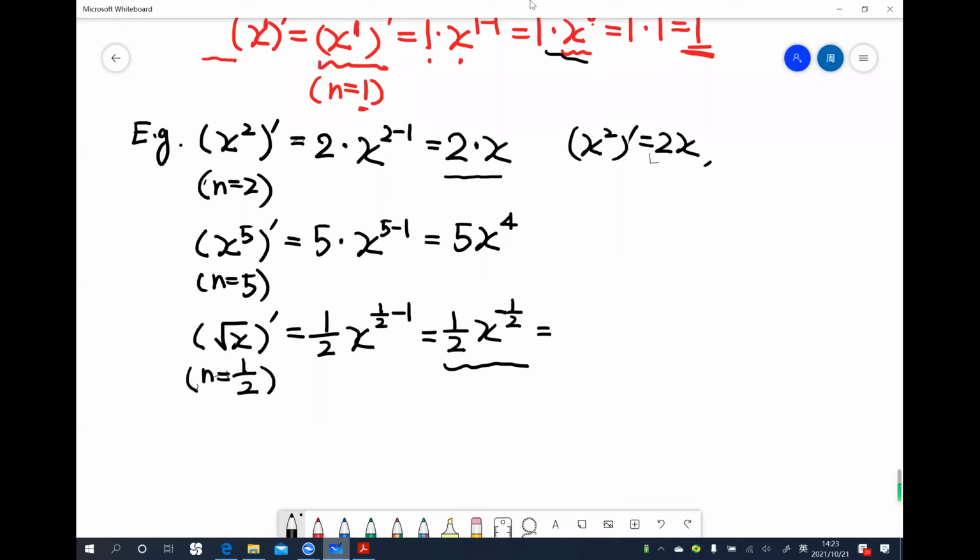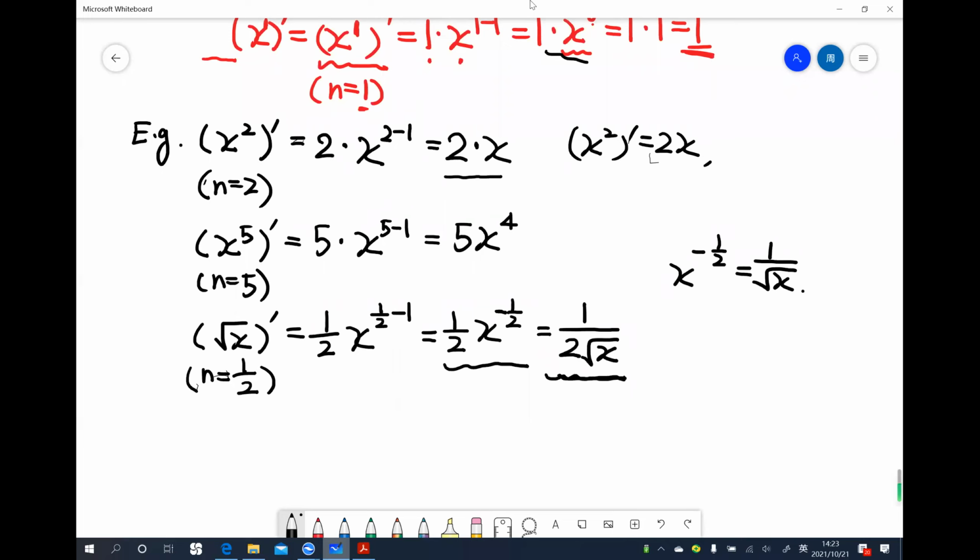So here, that is 1 by 2 times square root of x. So this is the correct answer.